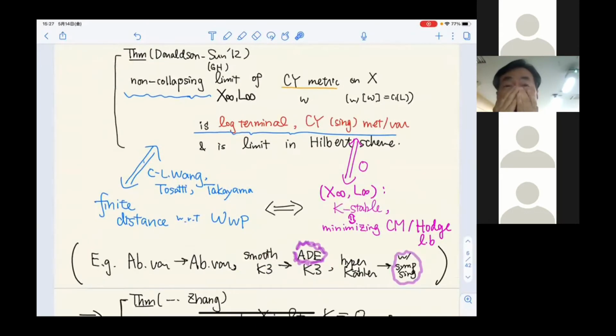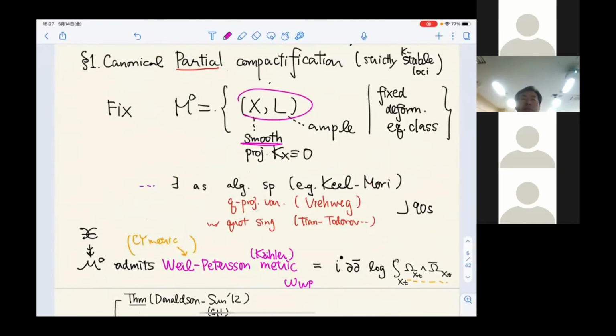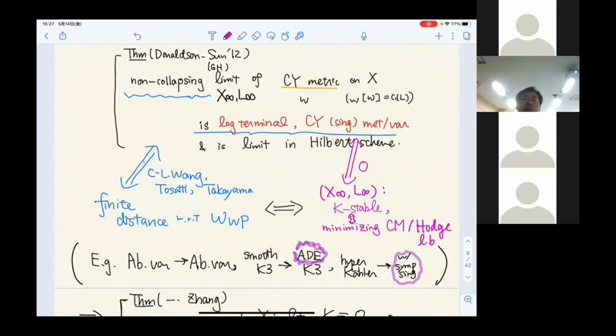And we want to talk about the limit of the Calabi-Yau metrics on this X, L. So of course there are many X, L here, and we want to talk about the differential geometric limit. And here's a big theorem by Donaldson-Sun, proved like 9 years ago. So if it is non-collapsing, this is a bit technical condition on differential geometry, which roughly means that the limit has the same dimension.